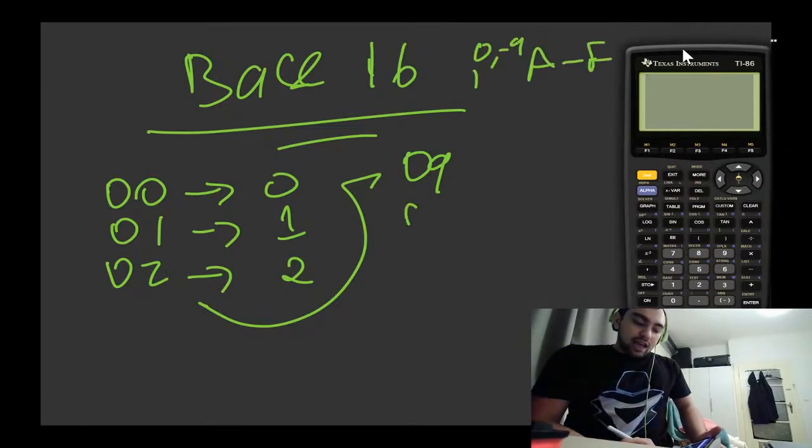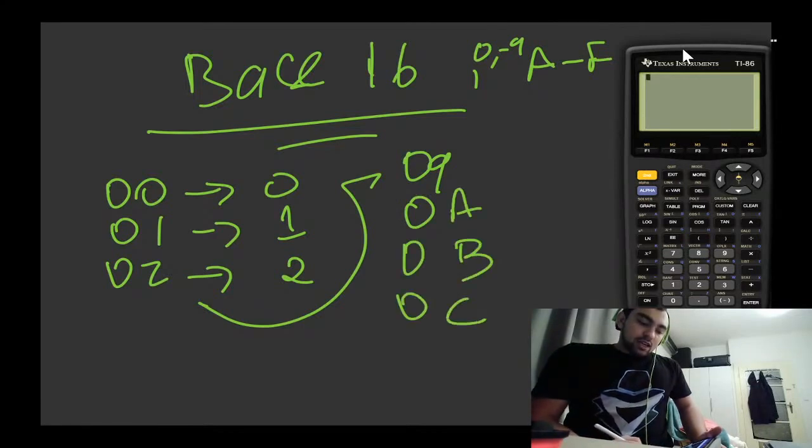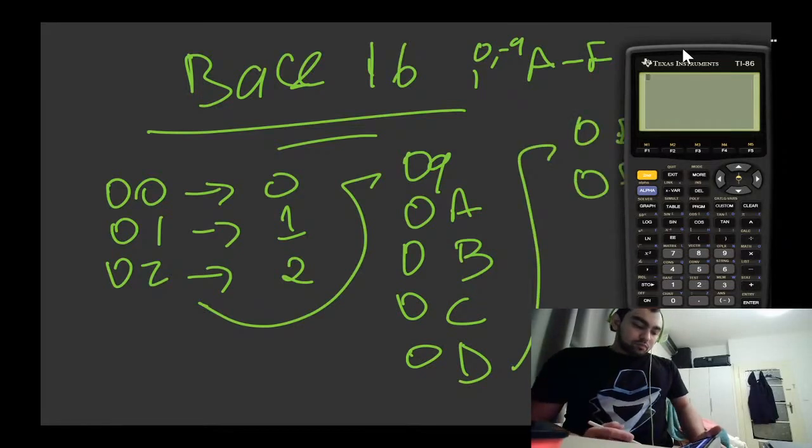So from here you have 0A, 0B, 0C, 0D, 0E, and then 0F, right? And 0F is going to be the last number, so this starts at 0.